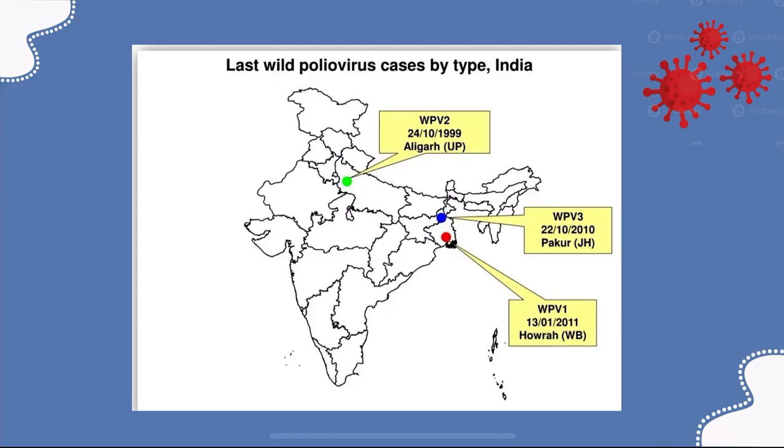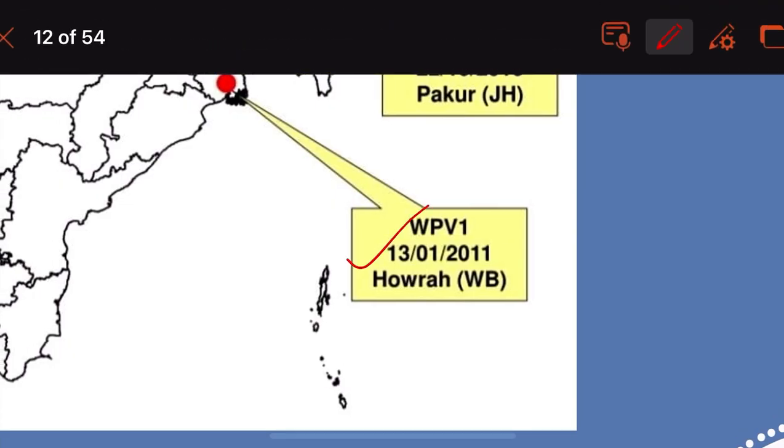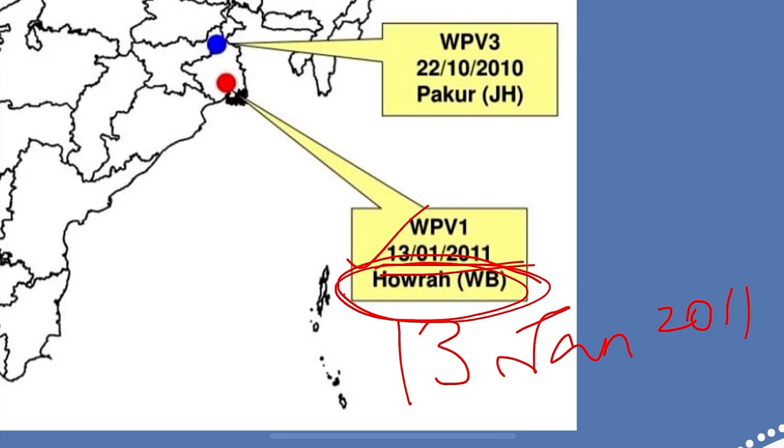The last case of wild poliovirus type 1 in India was in Howrah, like we discussed in the last slide, on 13th January 2011. Poliovirus type 1 is where the majority of the cases are caused.